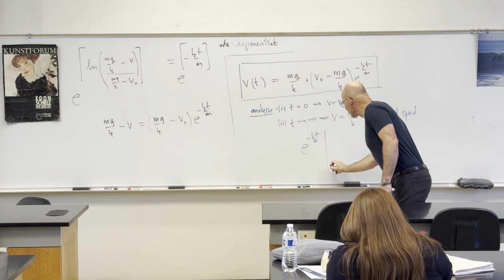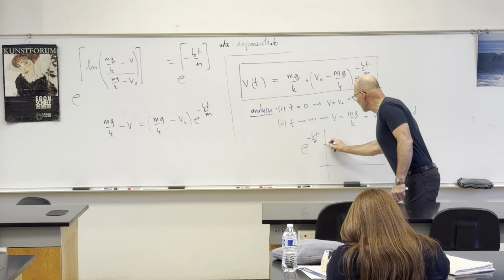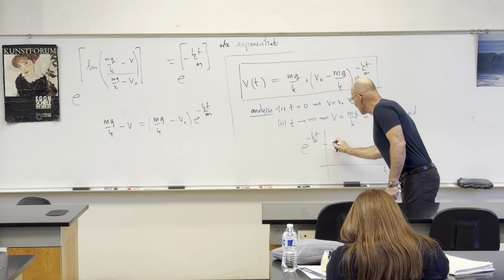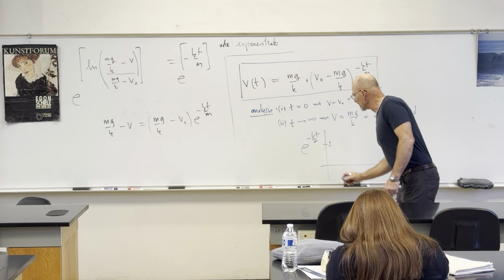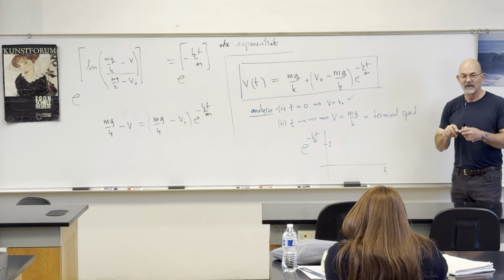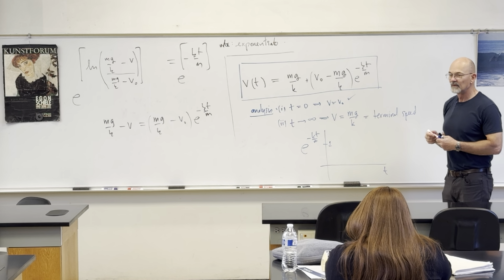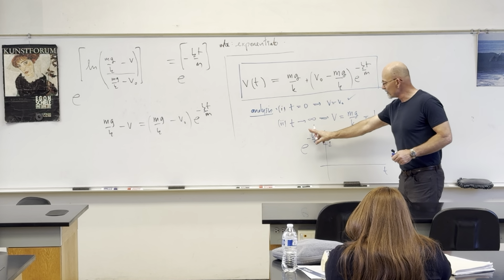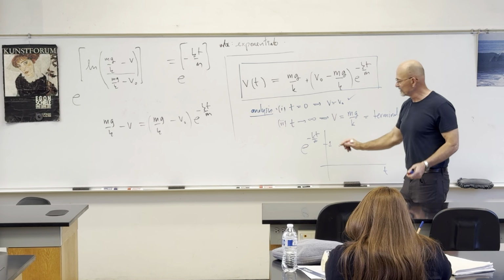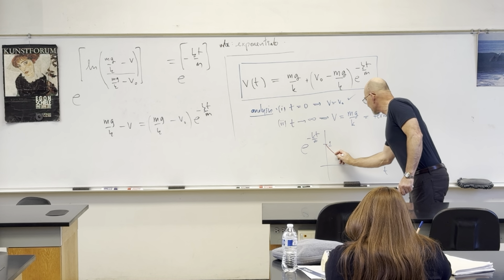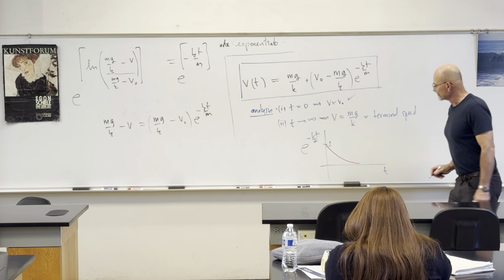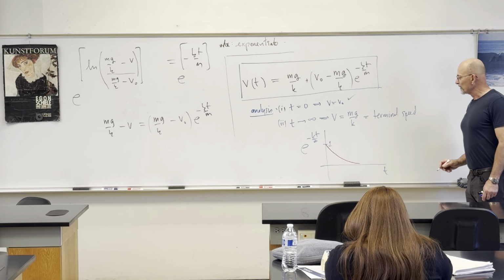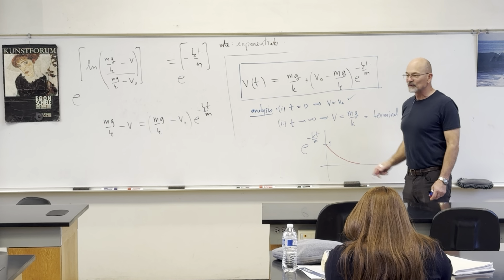I'll graph this. What does this function do? It's e to the minus x, so to speak, right? So it goes down like this. What'll make it decrease faster?